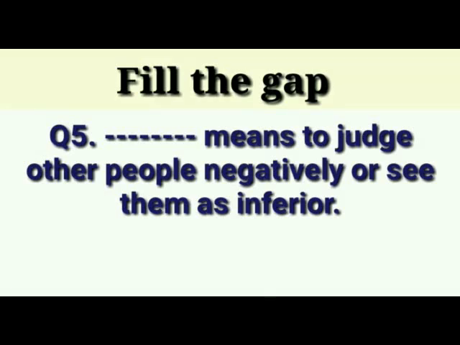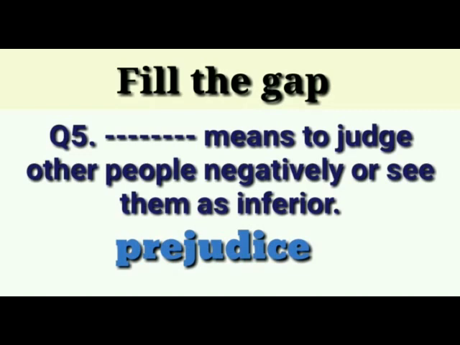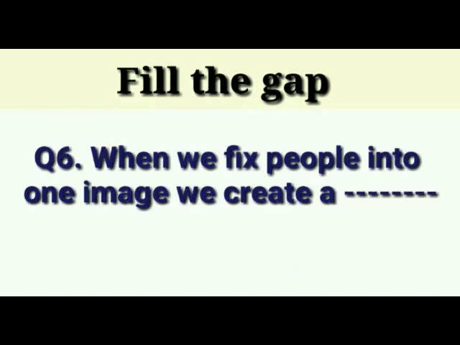Next question is dash means to judge other people negatively or see them as inferior. Answer is prejudice. Prejudice means to judge other people negatively. Next question is when we fix people into one image, we create a dash.